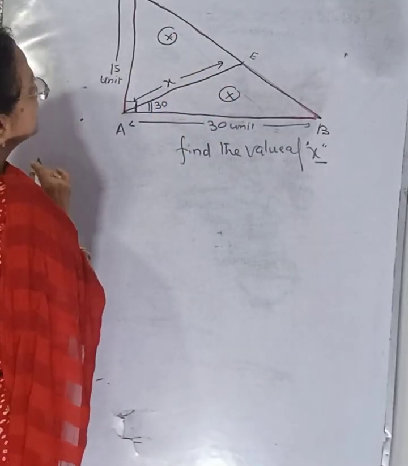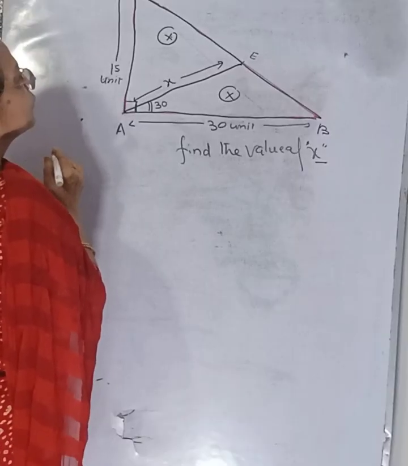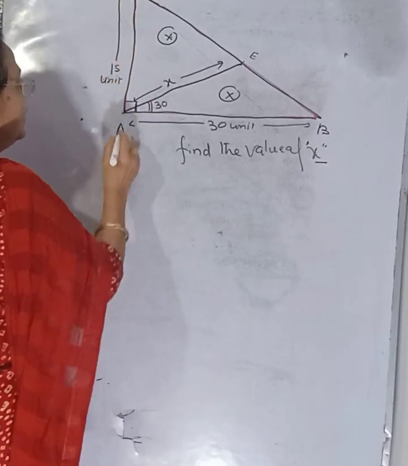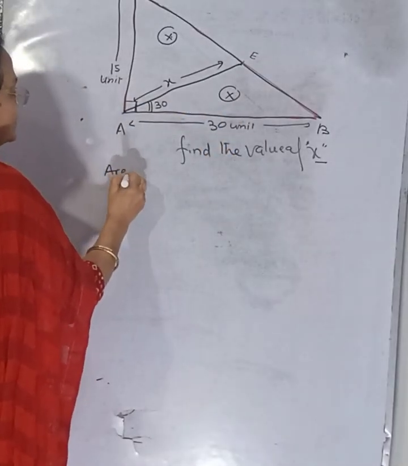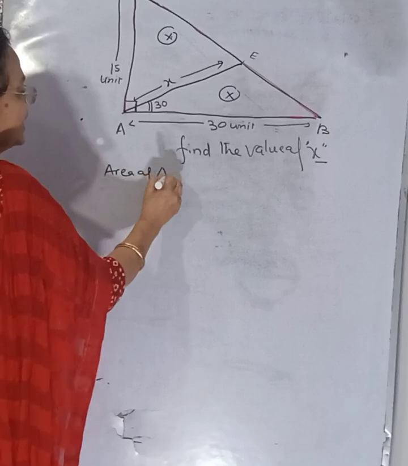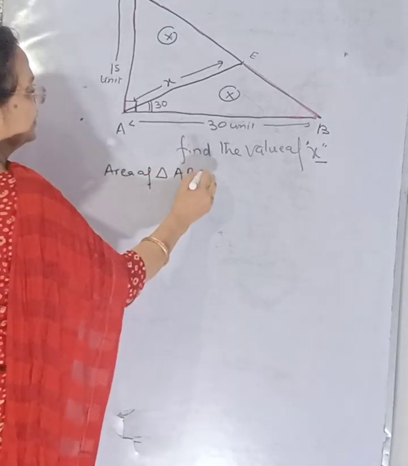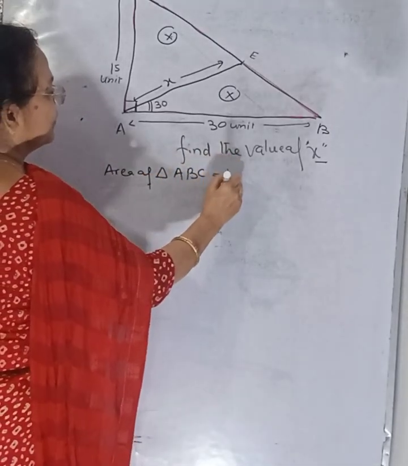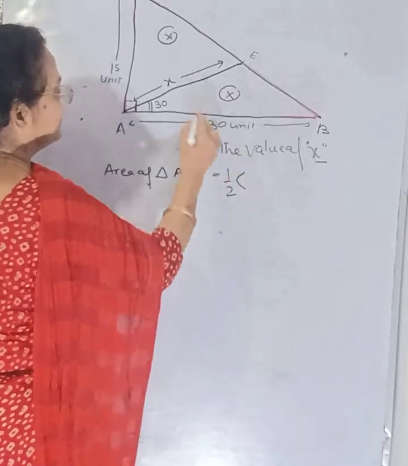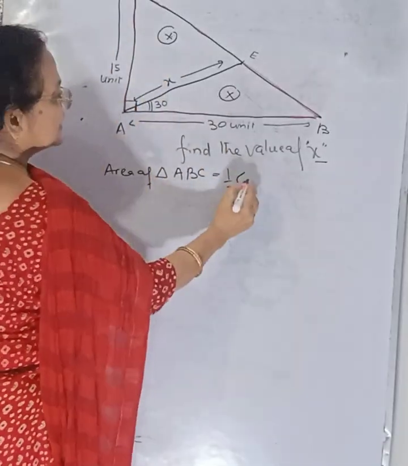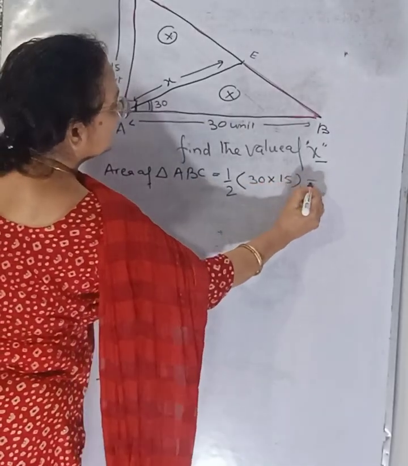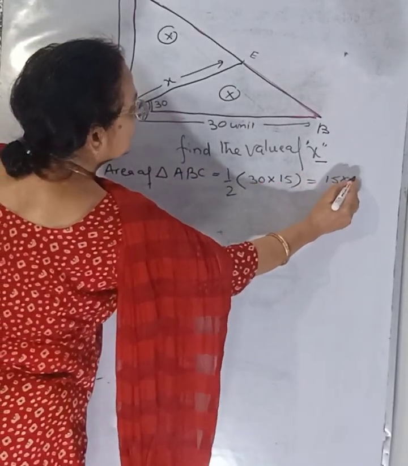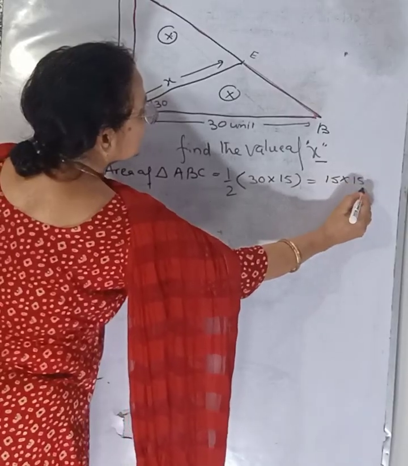Now, area of triangle ABC will be simply equal to 1 by 2 base into perpendicular. Base is 30, perpendicular is 15. That is 15 into 15 square unit.